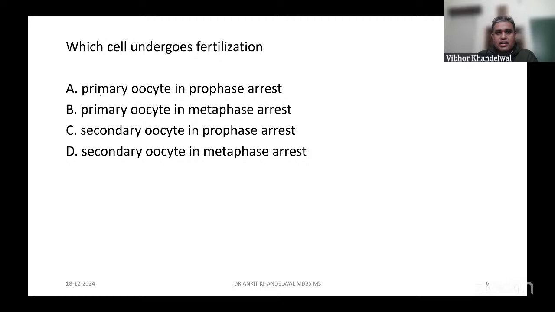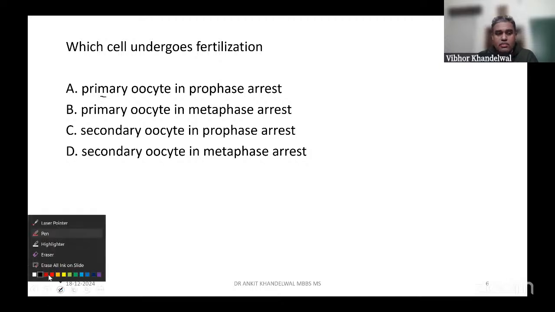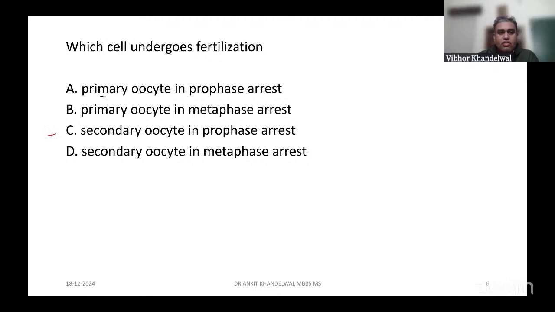Is it a primary or secondary oocyte? Think about it. We were dealing with meiosis 2, right? So it will be a secondary oocyte. So our answer will be either C or D. Then in which arrest? Was meiosis 2 arrested in prophase or metaphase? Sir, it was metaphase 2 arrest. Very good. So the answer is option D. The secondary oocyte in metaphase arrest is the one which undergoes fertilization.